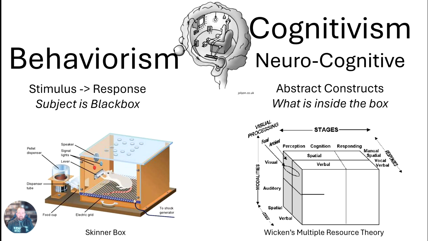Since about the 60s and 70s, there was a pivot towards cognitivism, a more cognitive approach which acknowledges that there are things going on inside the brain that don't manifest behaviorally but can still be studied. This is where we look at what's within the box and what we can glean from research about that, so that we can maybe help solve problems before we ever even get to behavior.